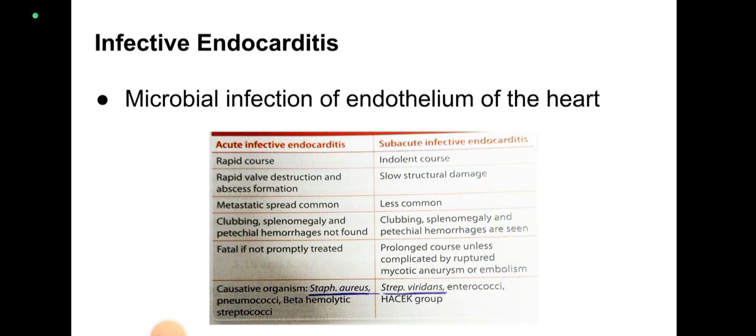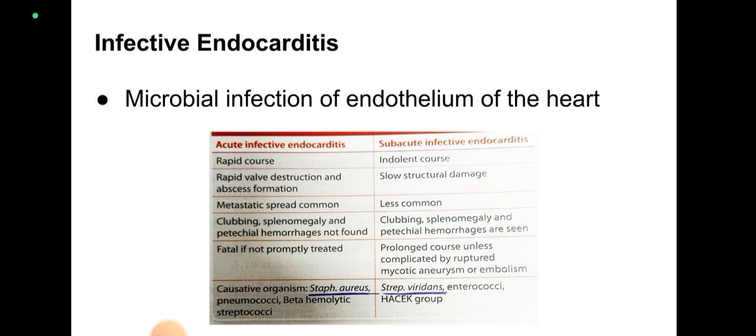Metastatic spread is common in the acute type, and in the subacute type it is less common. Clubbing, splenomegaly, and petechial hemorrhages are not found in the acute type, while they are found in the subacute type.